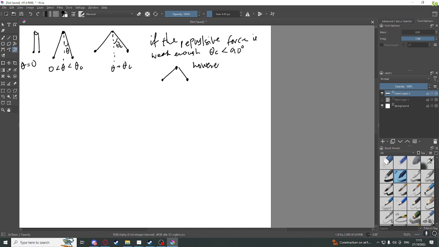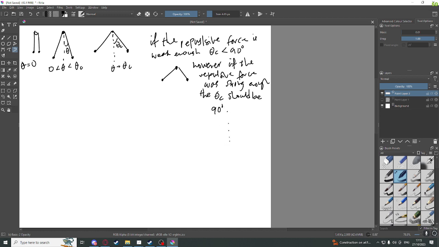However, if the repulsive force was strong enough, the system should be in equilibrium with the critical angle at 90 degrees.